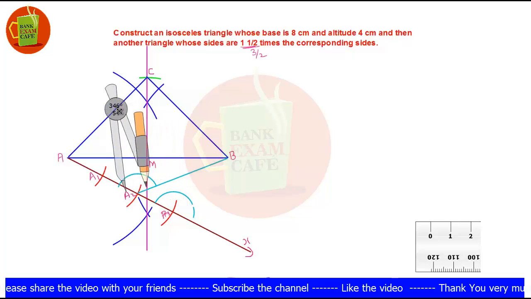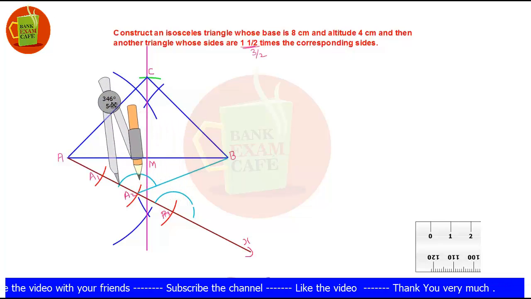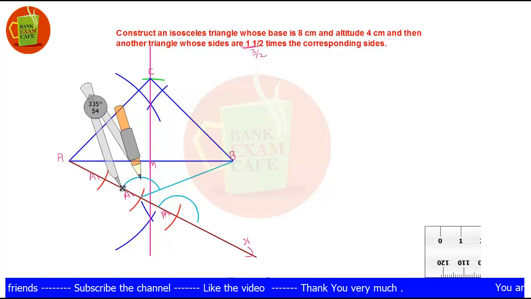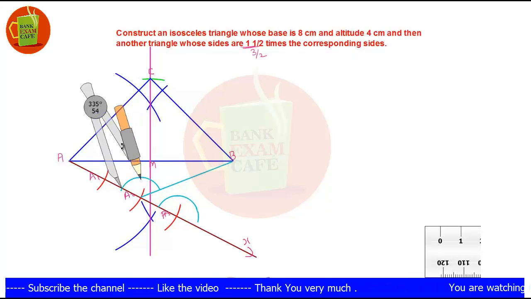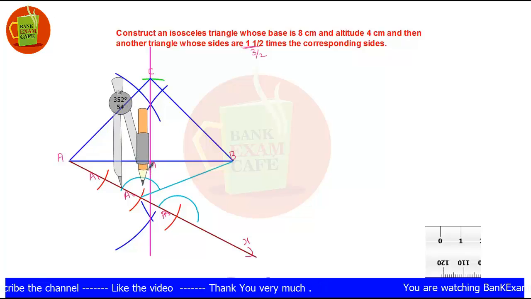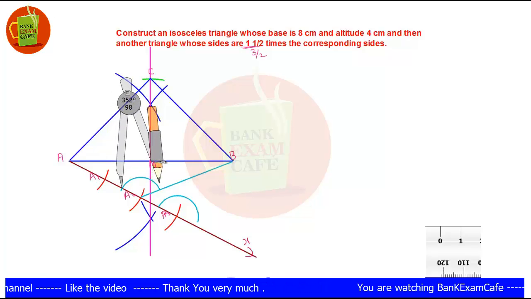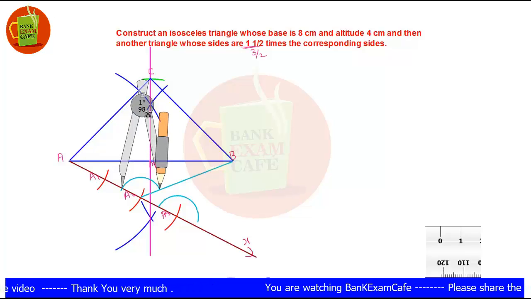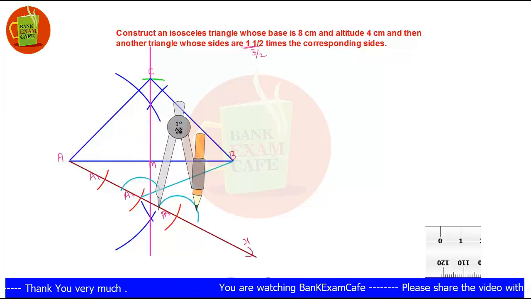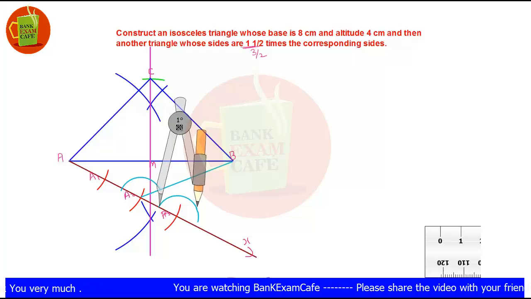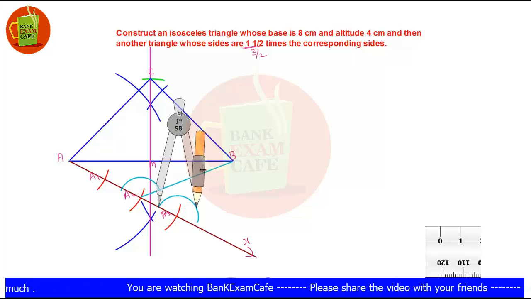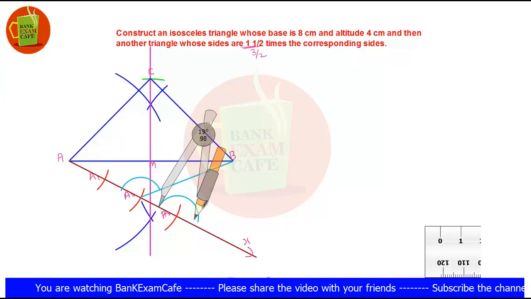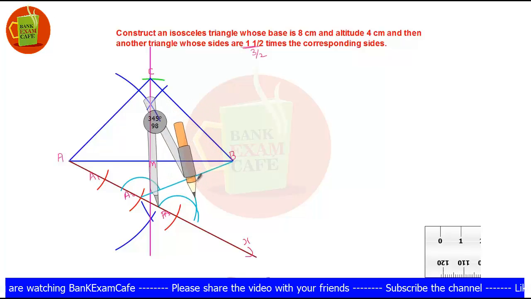Now keeping this pointer here, taking this point as a center and a distance between the 2 points of intersection, take this as a center and draw an arc intersecting the previous arc.